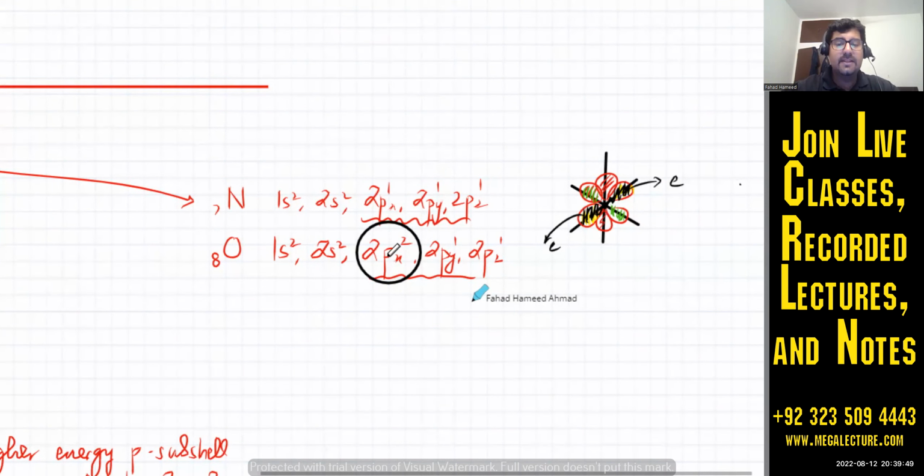So let's assume this is the x-axis. If on the x-axis the same orbital has 2 electrons now, the 2 electrons will try to knock each other out. They will try to repel each other. So it will become very hard to keep 2 electrons in the same orbital, which is why it would become easier to remove electrons. Okay? Is this clear to everyone?